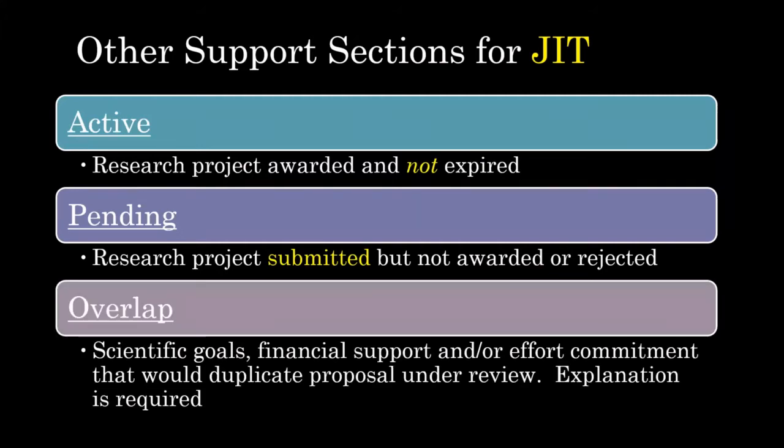And overlap. Are there any scientific goals, financial support, and/or effort commitment that would duplicate the proposal under review? Explanation is required. Your PI will be able to indicate whether there are any scientific goals.